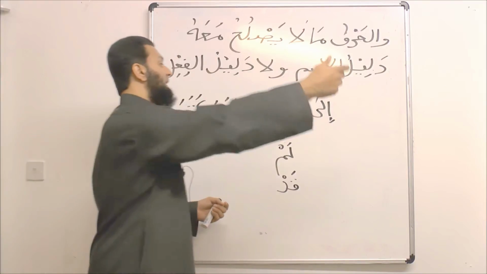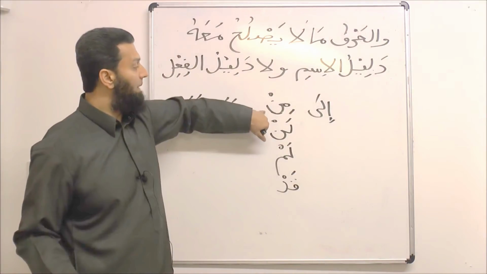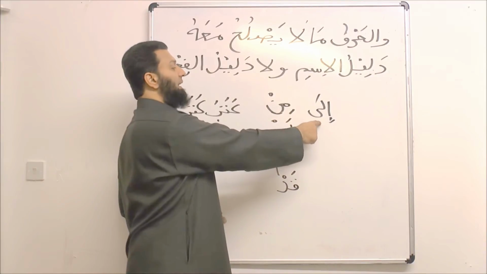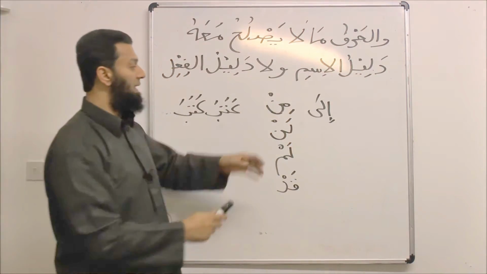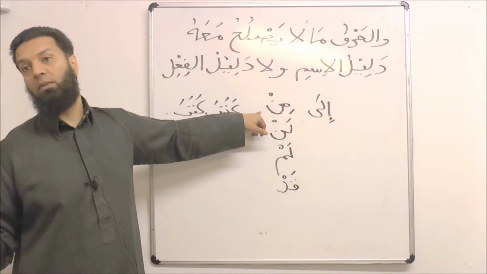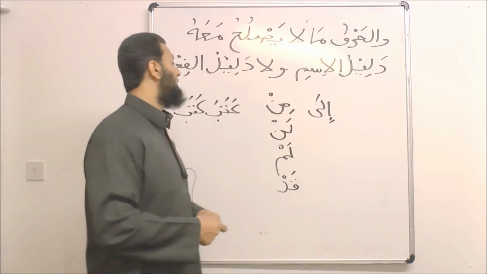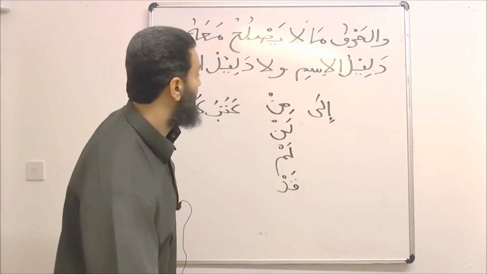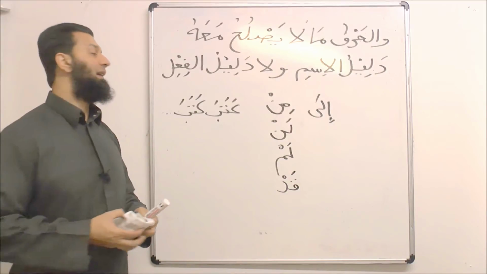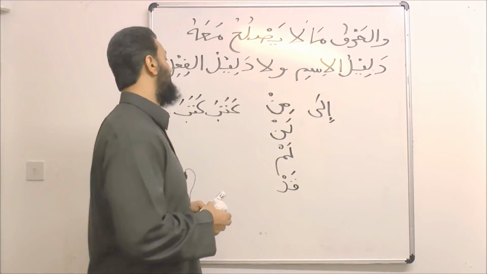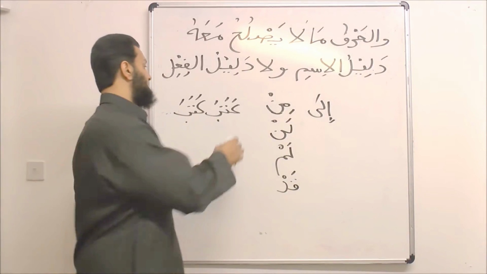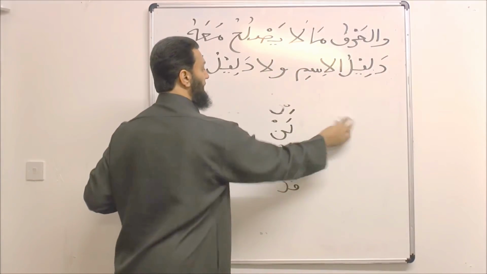And in addition to that, it cannot become makhfood simply because it's preceded by ila. It doesn't become majrurun, does it? Because it's mabniyun ala sukun. So it being preceded isn't necessarily an indicator that it is an ism. It has to be a correct construction.